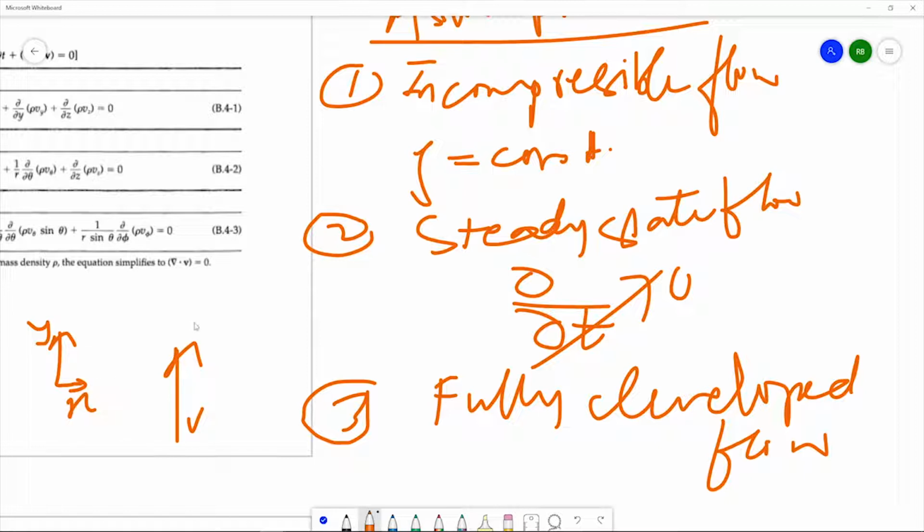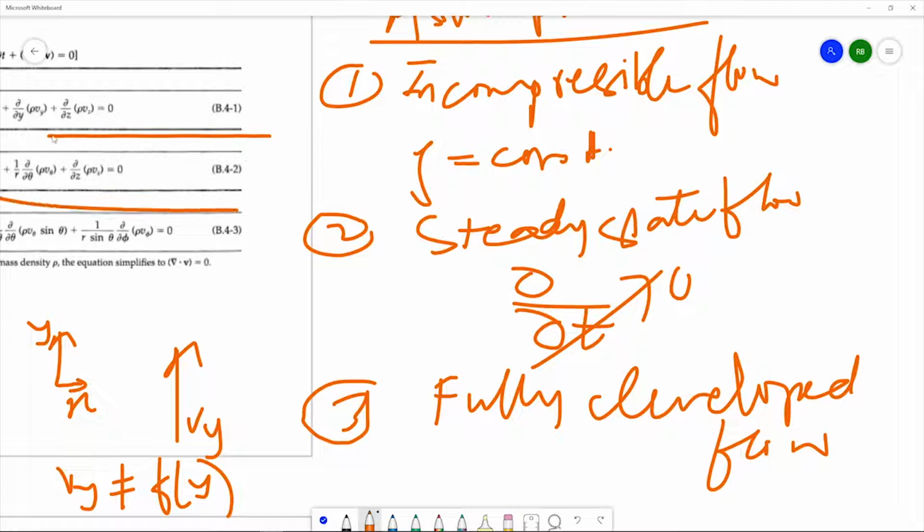So fluid is flowing in this direction, so vy will not be a function of the direction of flow. That is, vy will not be a function of y. This means the flow is already developed. It is not a function of any distance more.